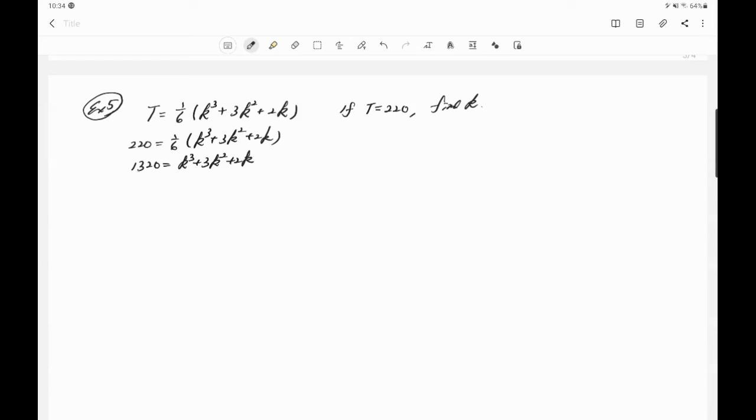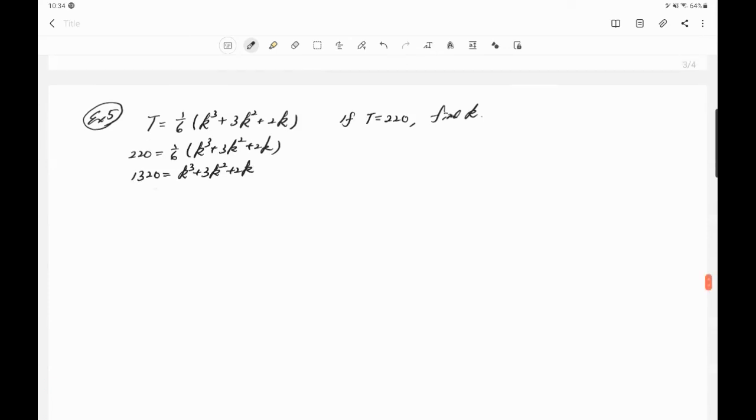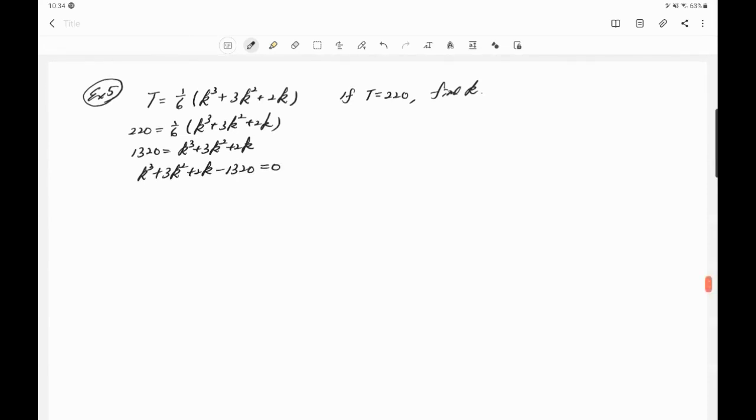Now move 1320 to the right side and it becomes negative, so k cubed plus 3k squared plus 2k minus 1320 is equal to 0. All right, so we want to solve this one. What are the zeros of this equation?